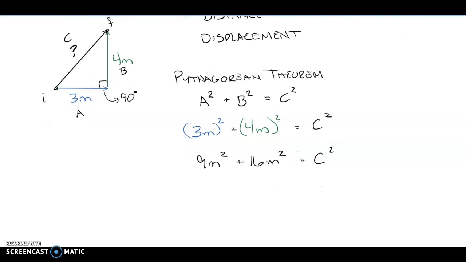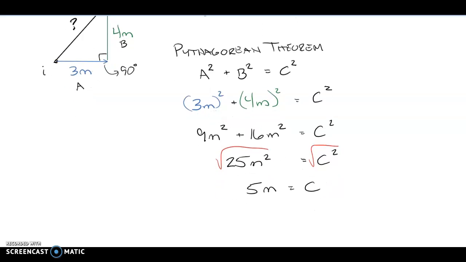And look, meter squared and meter squared, I can add those together. They are like terms, which gives me 25 meters squared is equal to C squared. And to solve for something that's squared, we can take the square root of both sides. And look how our units work out nicely. Meters squared, the square root of that is meters. I end up with 5 meters is what C is, and it turns out 5 meters would be my displacement.